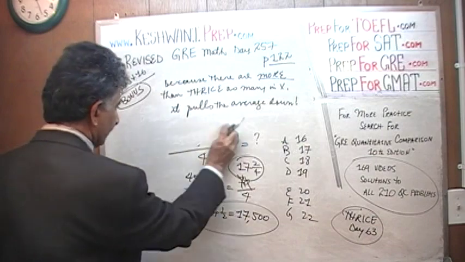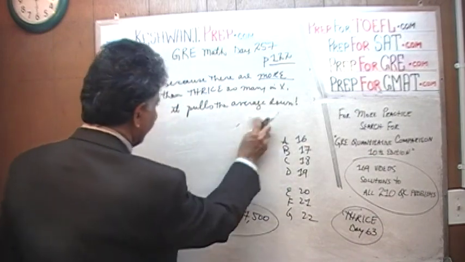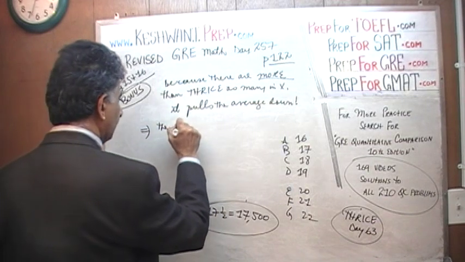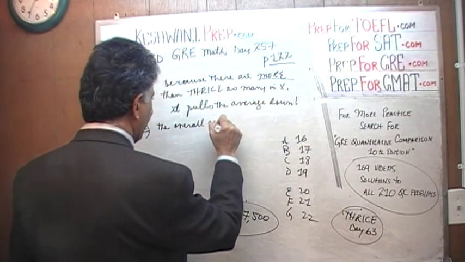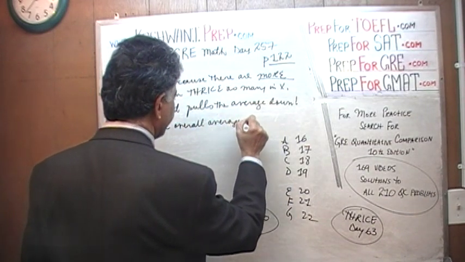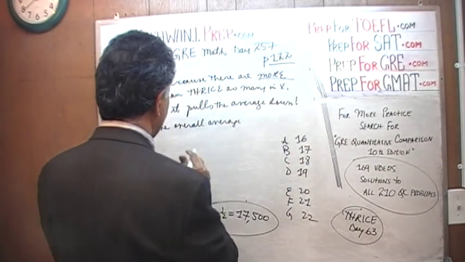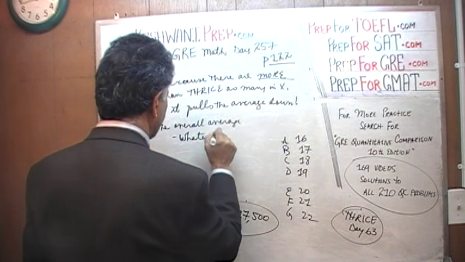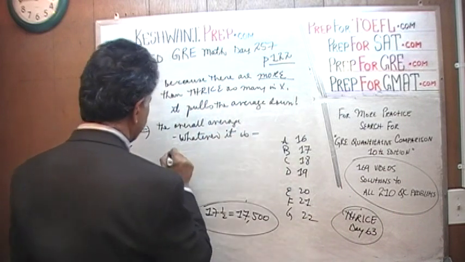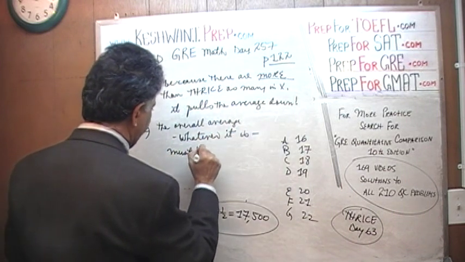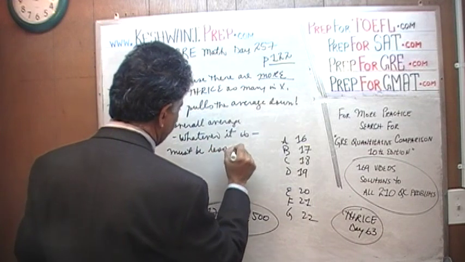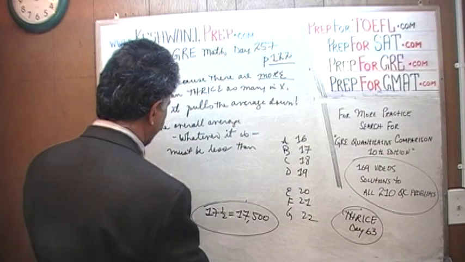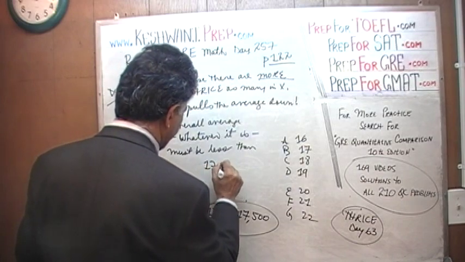That implies, therefore, that the overall average, whatever it is, must be less than 17,500.